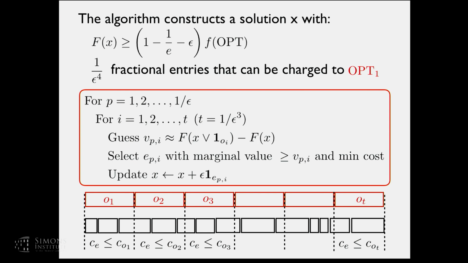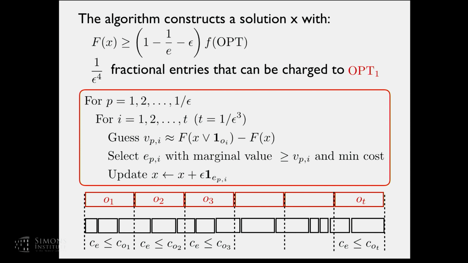And moreover, from the way we designed the algorithm, we can map these fractional values to opt1. We designed them to be proxies for opt1. The way you can think about it is that we have these 1/ε³ items in opt1. And for each of them, in these iterations, we picked about 1 unit of fractional mass, and we distributed it among some elements.